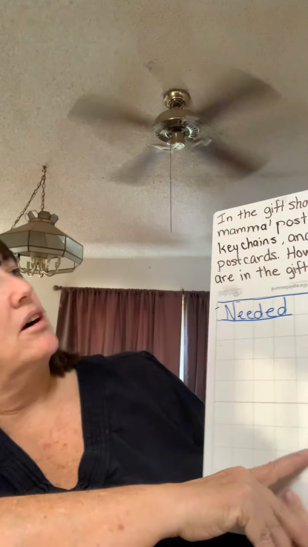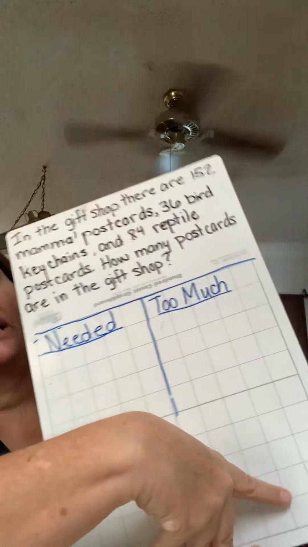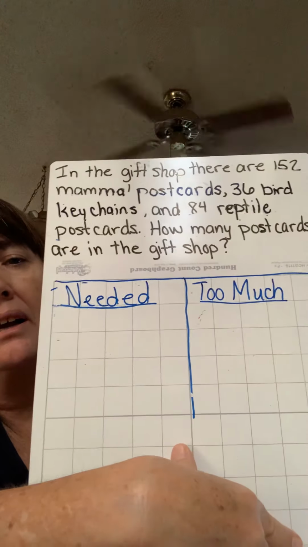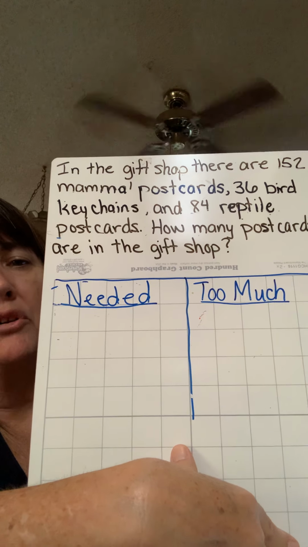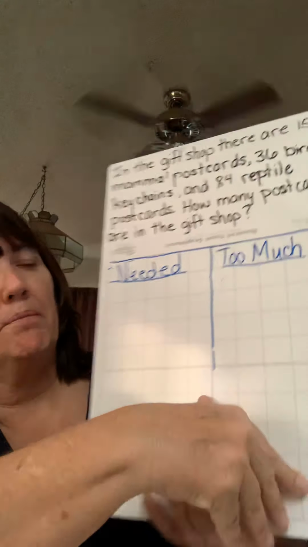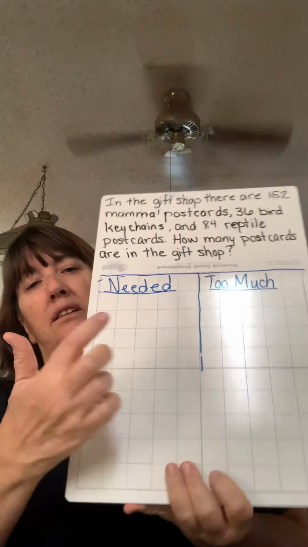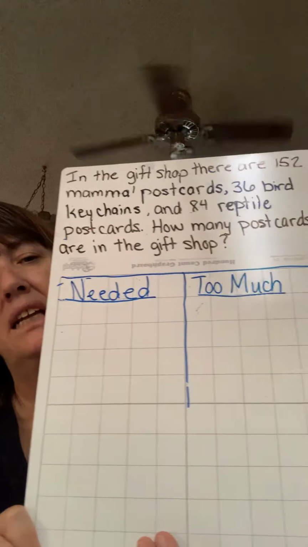In the gift shop, there are 152 mammal postcards, 36 bird keychains, and 84 reptile postcards. How many postcards are in the gift shop? So I have a little column here for needed information and too much information.